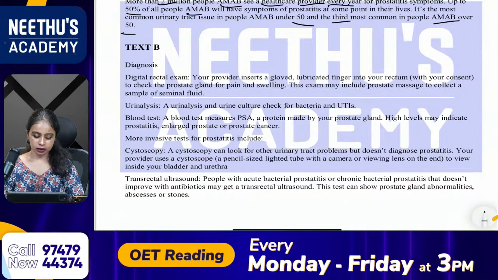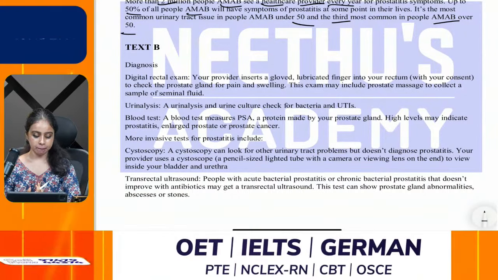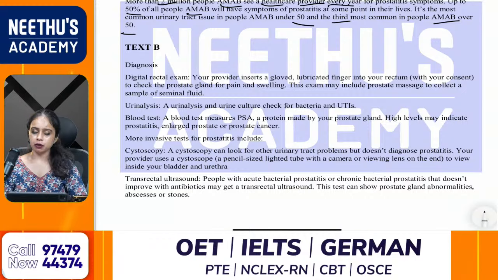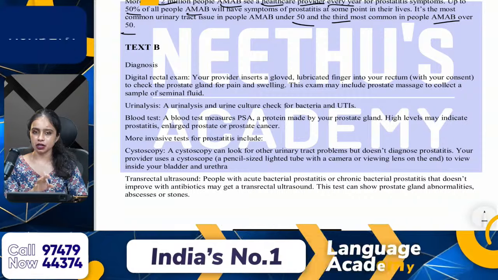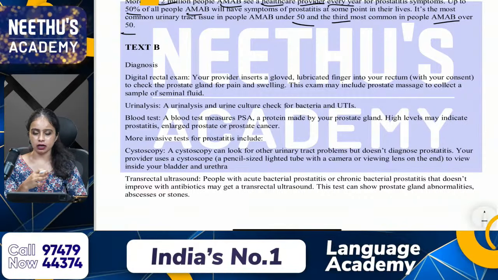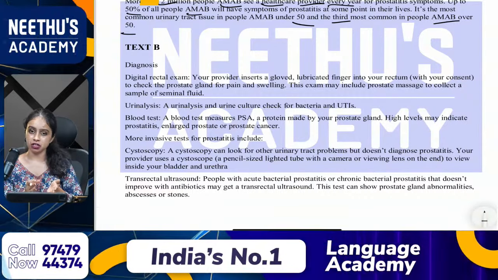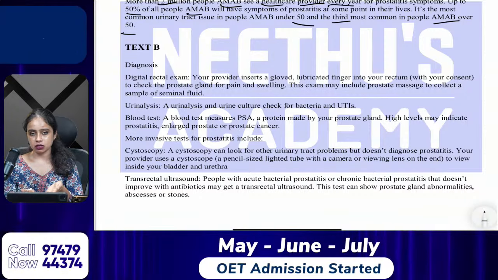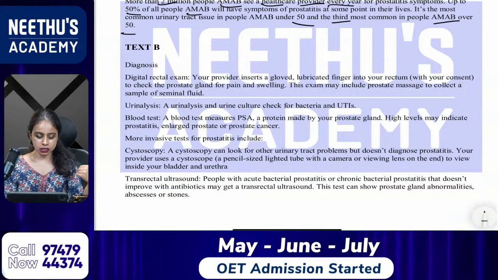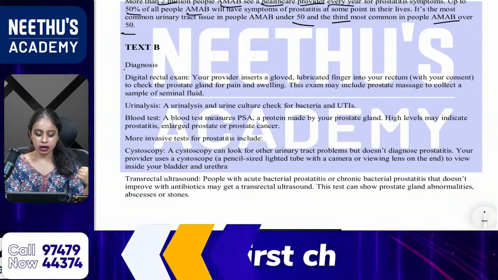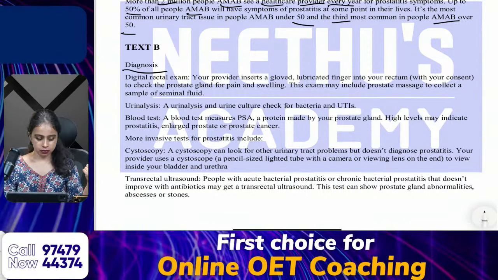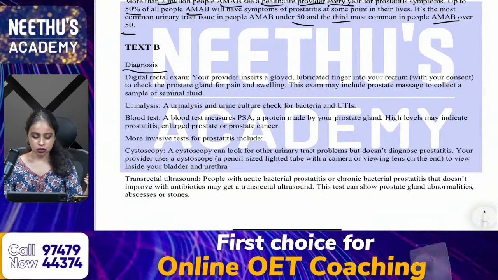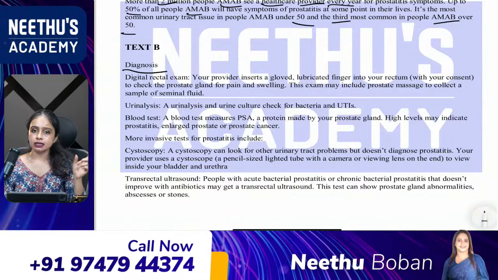Let's move to text B. As I already mentioned, text A was all about that particular disease condition, its description, explanation, definition, then the prevalence. When you come to text B, it's all about diagnosis. That is the heading.